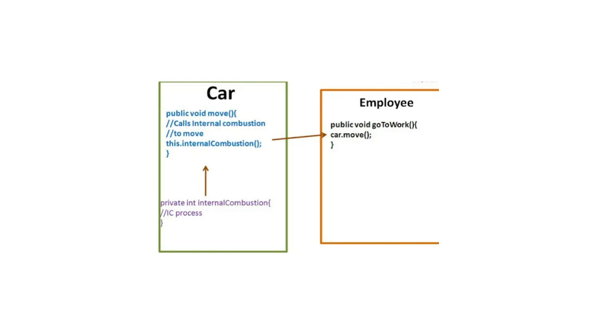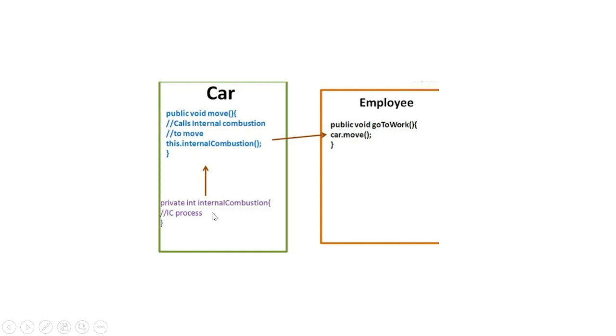So what benefit are we getting? As an employee we want to travel, so we use our car and call that move method. We are not worried about how the move method works, and tomorrow whoever has written this car move method implementation can change it, because this move method internally calls some other method.